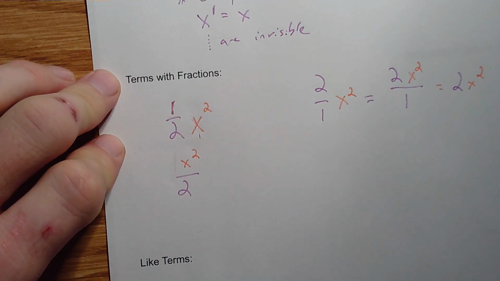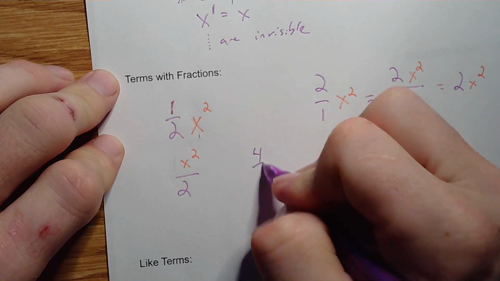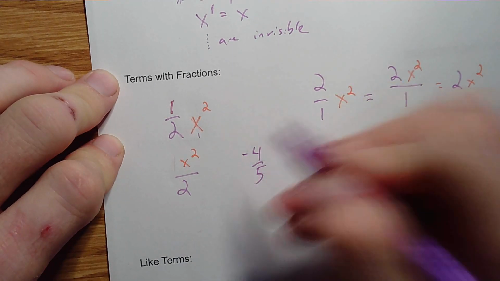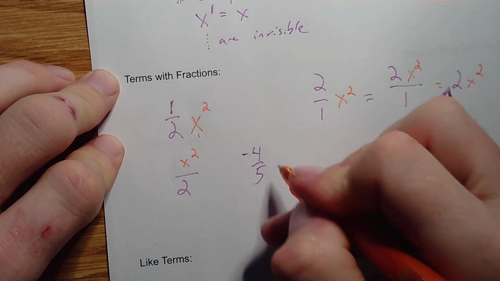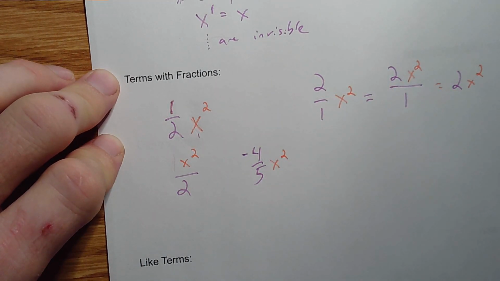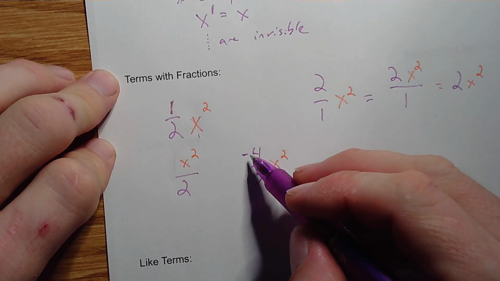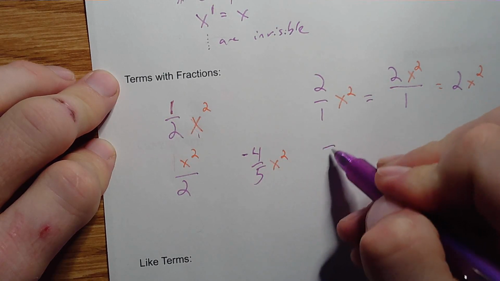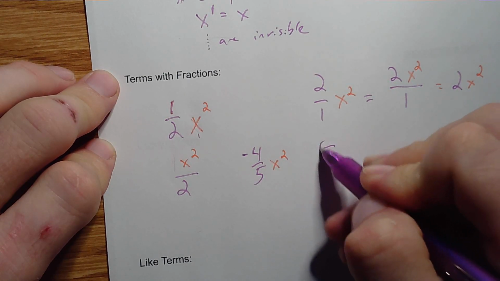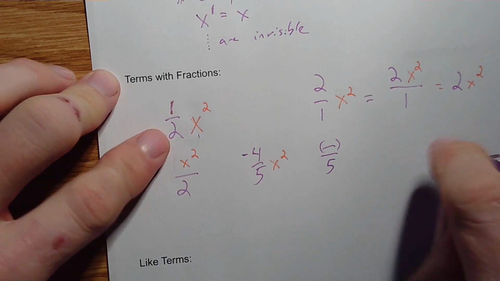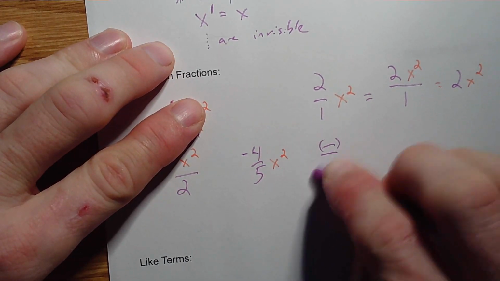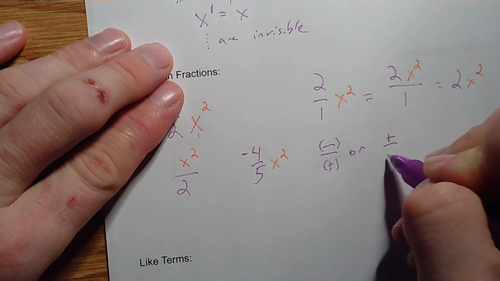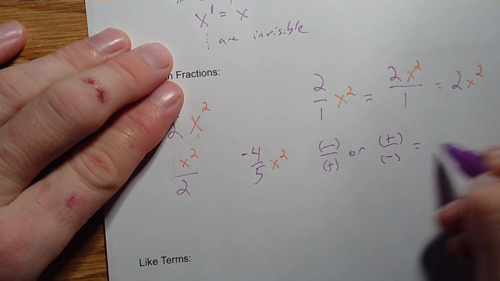Okay, say we had a -4/5 x squared. Well, we have a negative divided by a positive, right? Whenever we have a negative divided by a positive, or a positive divided by a negative, it's going to be a negative, right?